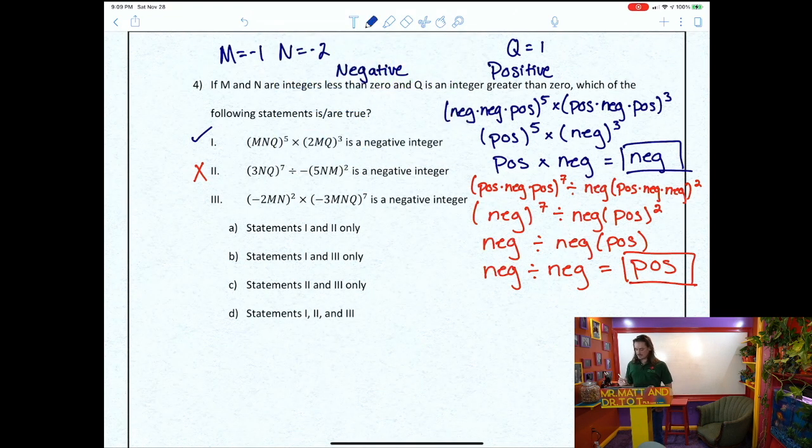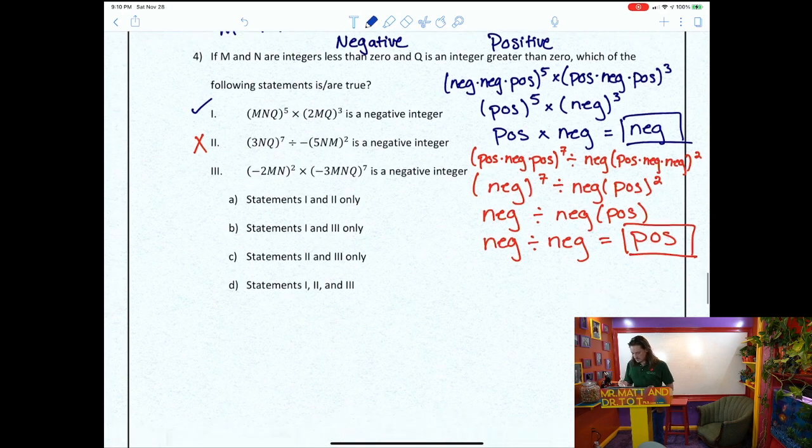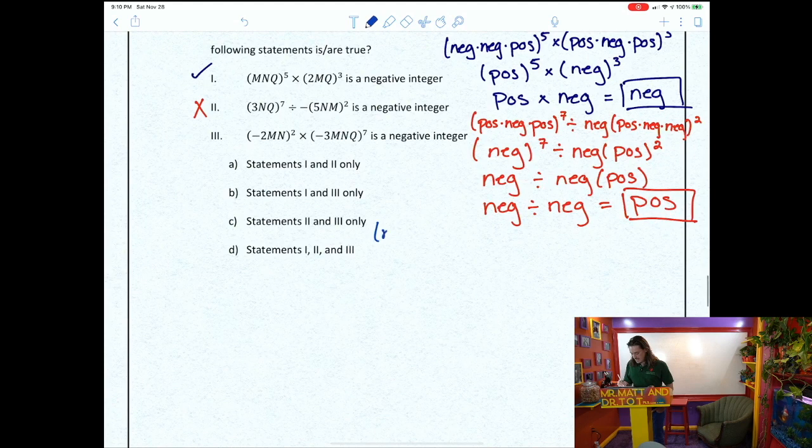And statement 3, we have negative 2, which is obviously negative, times m, which is negative, times n, which is negative, quantity squared, times negative 3, which is negative, times m, which is negative, times n, which is negative, times q, which is positive.